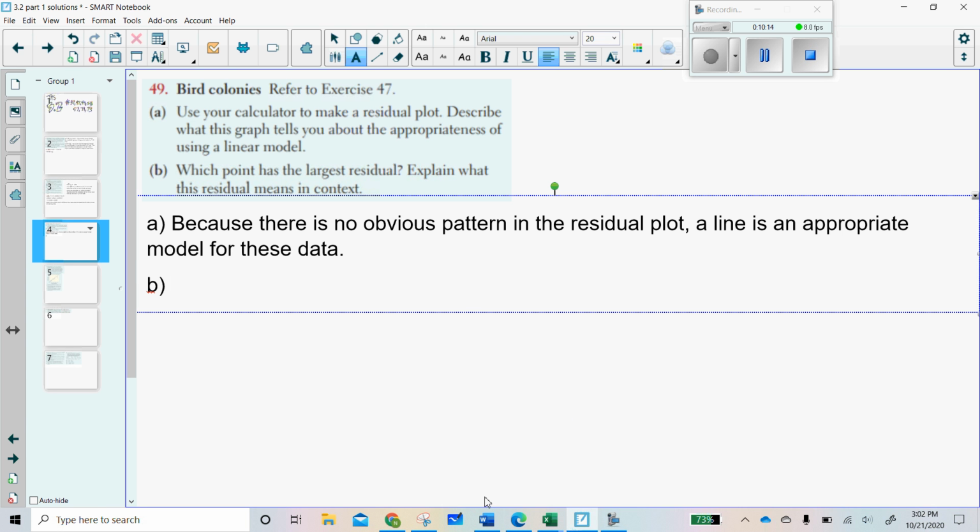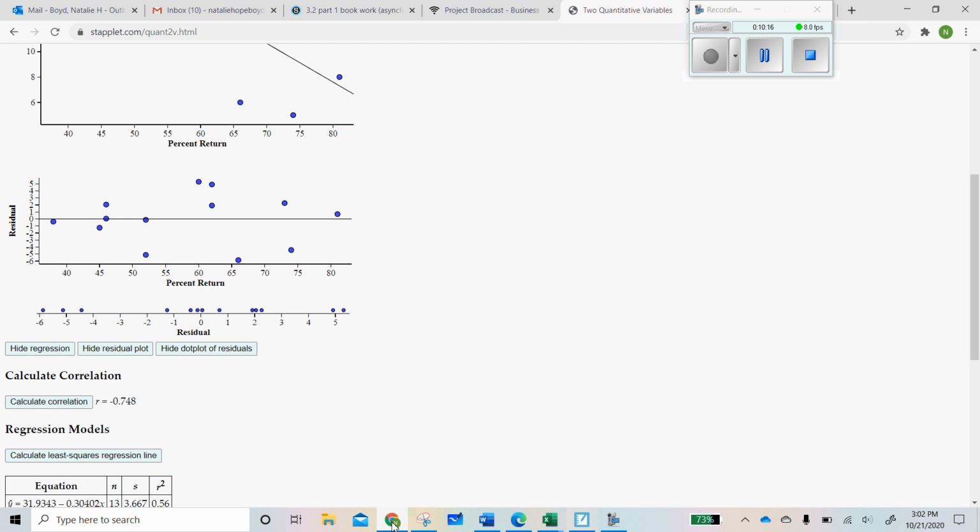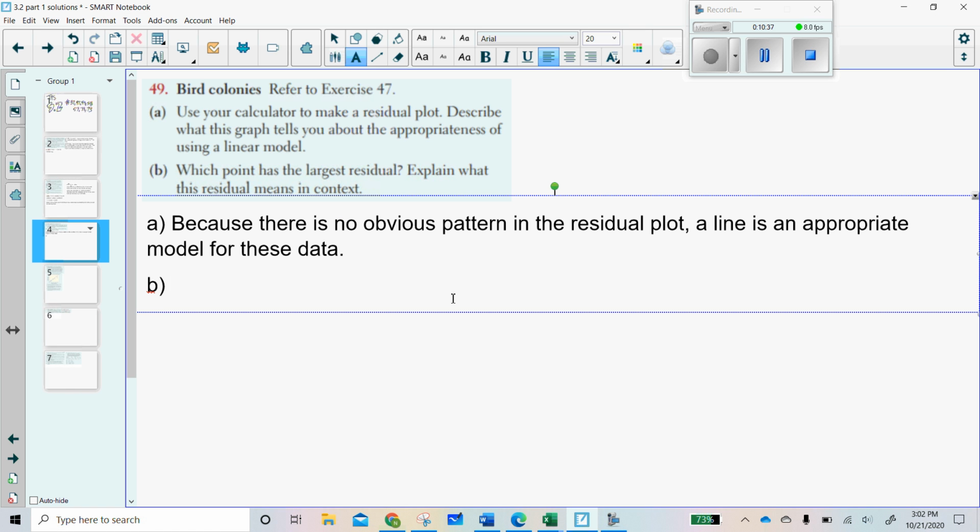So I'm going to go back to the graph. Largest residual means positive or negative, just which one was the farthest away. Notice the ones on top, the highest it gets to is like 5. And it has the residuals here, which is kind of nice. This one looks to be the farthest away, and look, it's at negative 5.8, so it's really close to 6. So that's the largest residual.